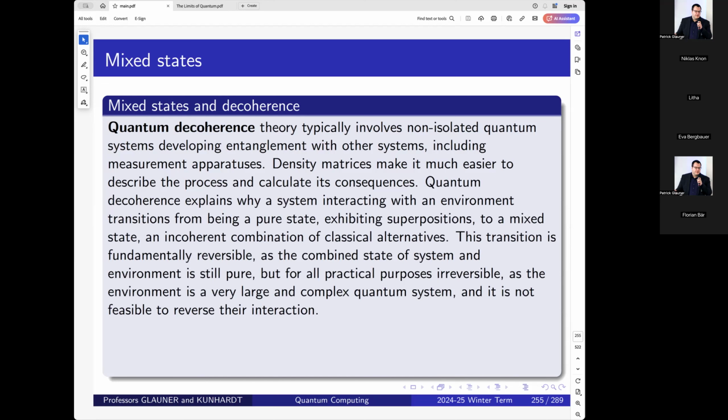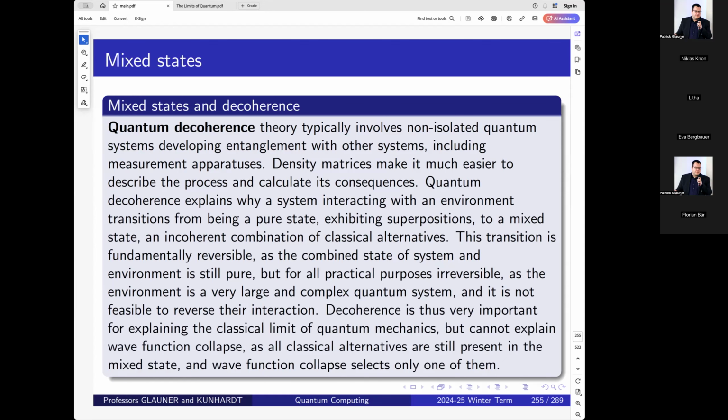Theoretically, at least from a theoretical perspective, decoherence could also be undone because it could be described eventually just as an operation, but in practice you're unable to undo the decoherence because these systems and their interactions are just too complex.